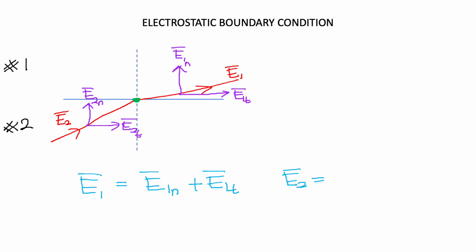While E2 is equal to E2n plus E2 tangential. As you can see here, we have the normal element in E1, the normal element in E2, the tangential element of E1 and the tangential element of E2.